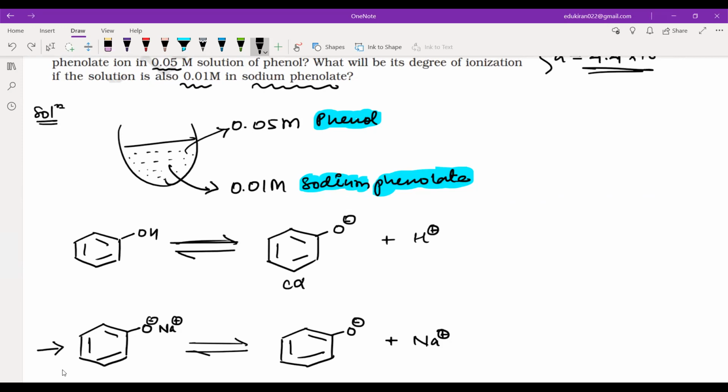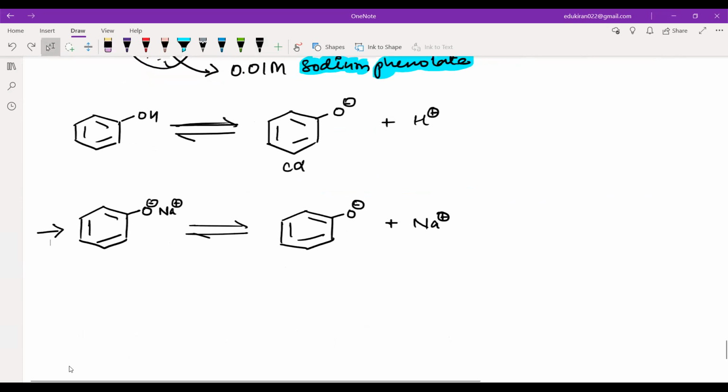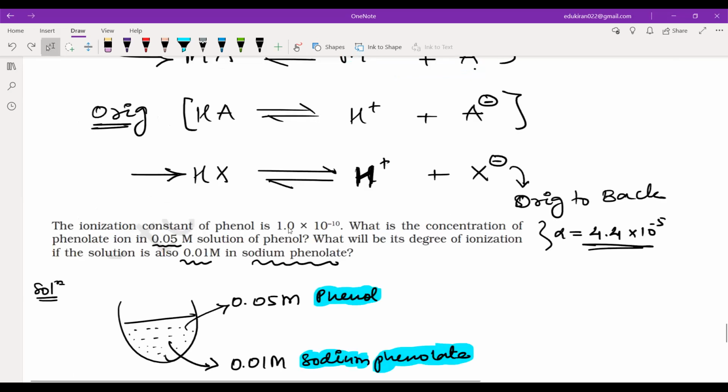Fine. Now, if we move on, we have phenolate ion in both of the cases, right? In the presence of this ion, what will be its degree of ionization?